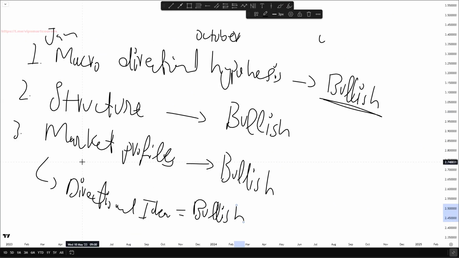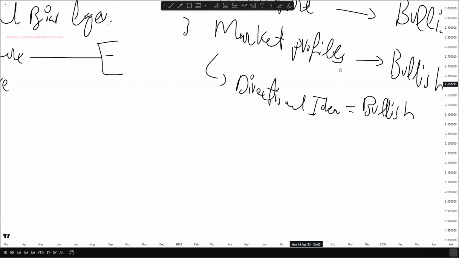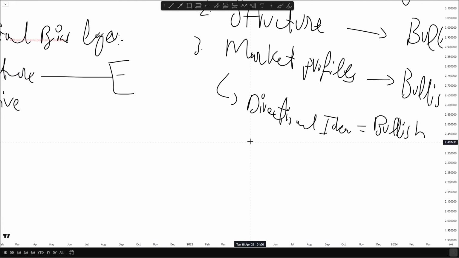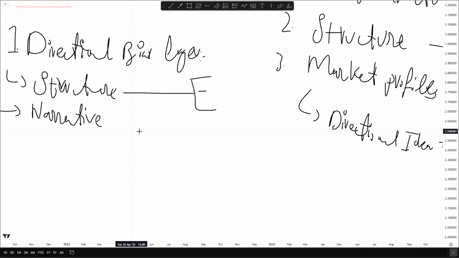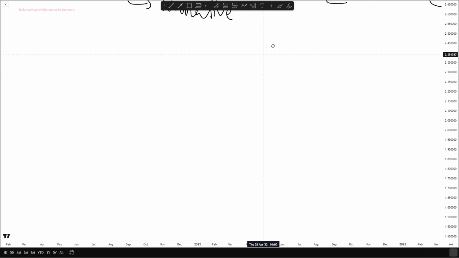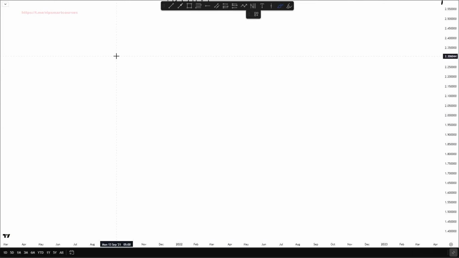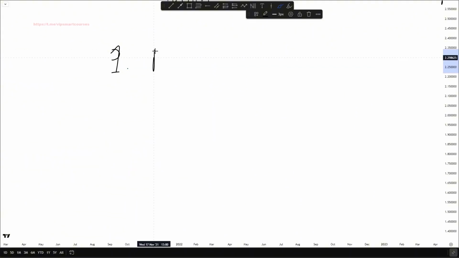Okay, but obviously, as you know, this directional idea alone isn't enough. Now we have to refine this directional idea and transform this into our directional bias. And we do that using two steps. First of all, defining the most recent and the most relevant dealing range.